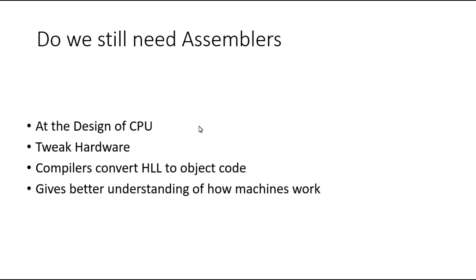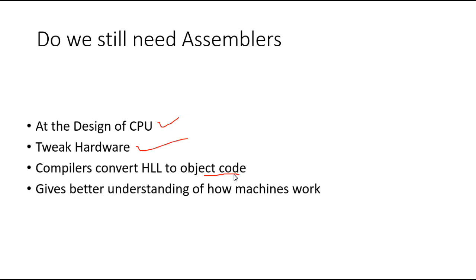Then secondly, to tweak the hardware, we need assembly languages. You know that assembly languages can directly interact with the inherent power of the machines. So to enhance some capabilities of the machine, of your hardware, we need assembly language. Then, as part of compilation, every high-level language is to be converted into object code.